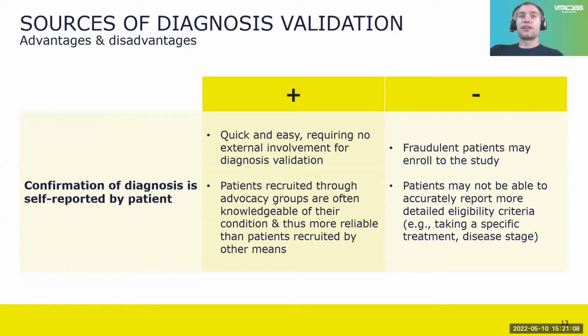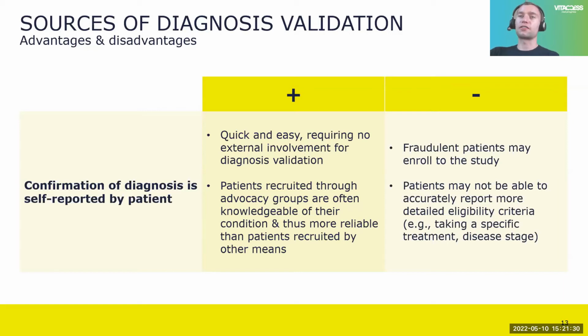And then another common source of diagnosis validation is to get the confirmation of diagnosis from the patient, so self-reported. An advantage over the two other sources that we just went through is that it's quick and easy.